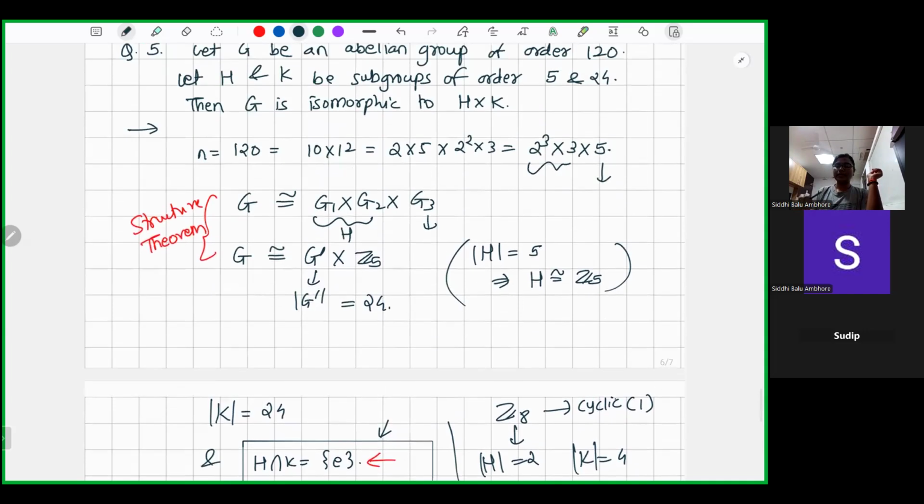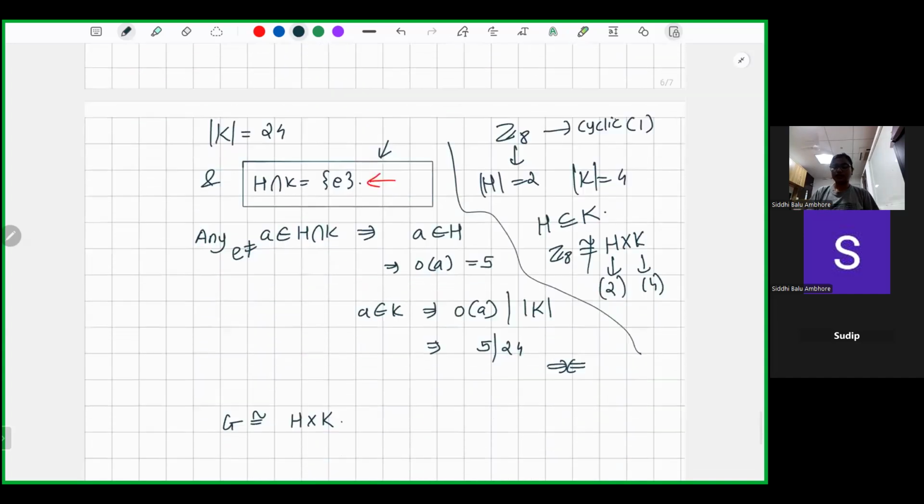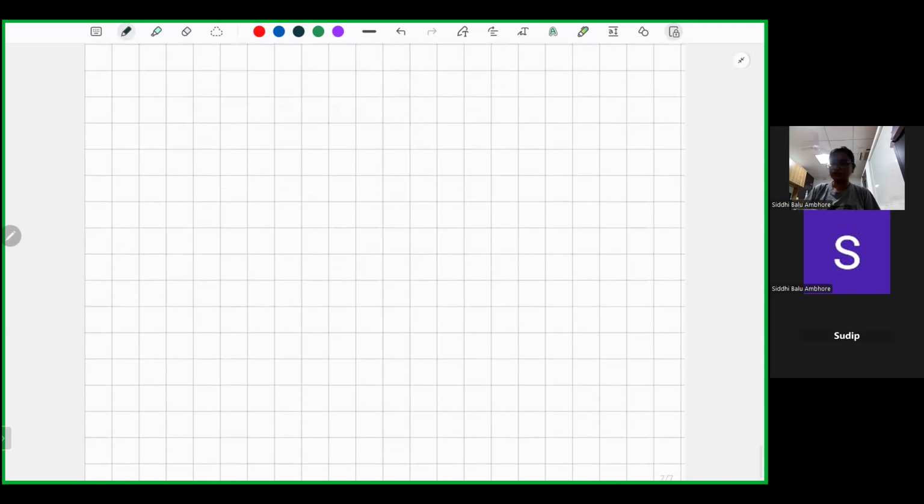That's why, if I take any group of order 24 in G and there is another group H whose intersection with it is only the identity, I can conclude that G is isomorphic to H and K. I hope this is clear. If not, please ask. Otherwise, we will move to the next question.